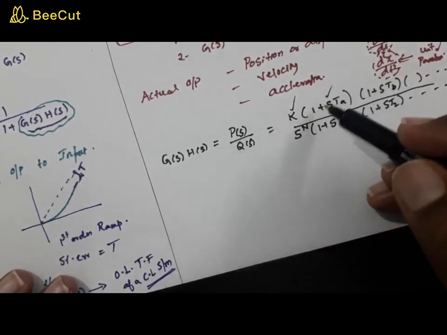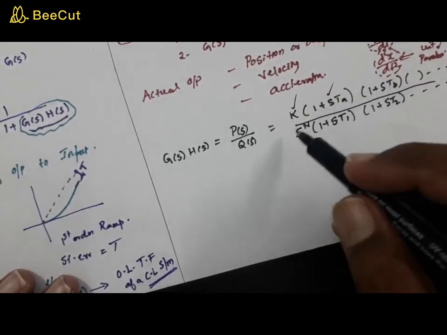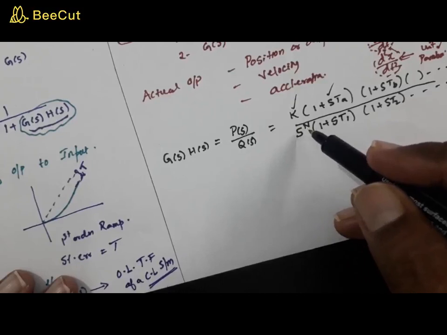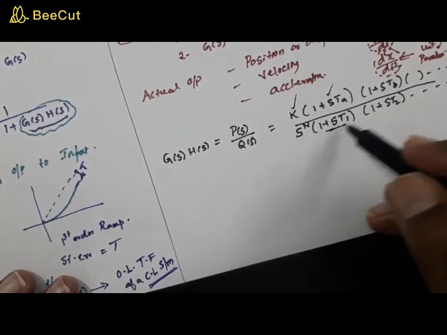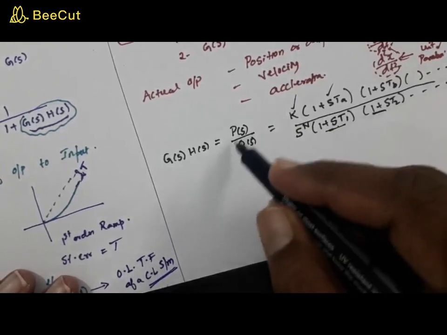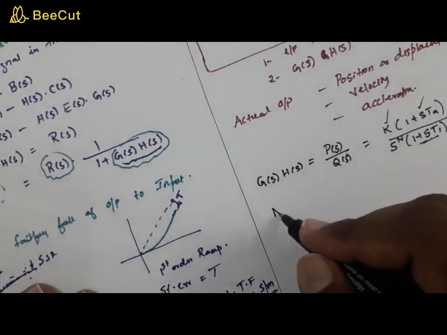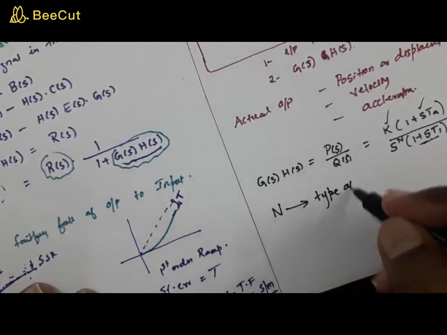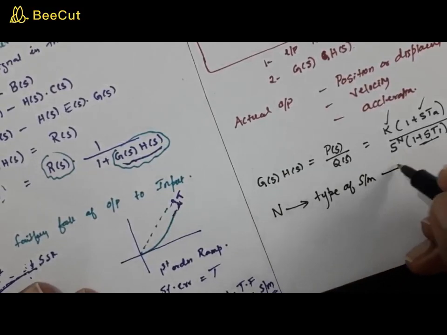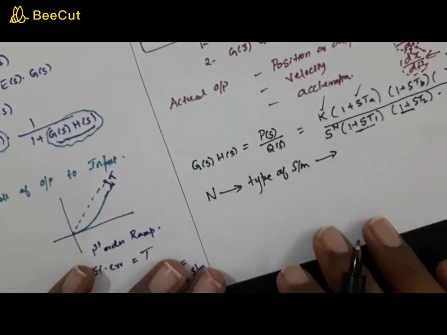So this is represented as (1 plus sTA)(1 plus sTB), divided by s raised to n into (1 plus sT1). These are the factors of this Q of S, and n represents the type of the system, or it is defined as the type of the system.